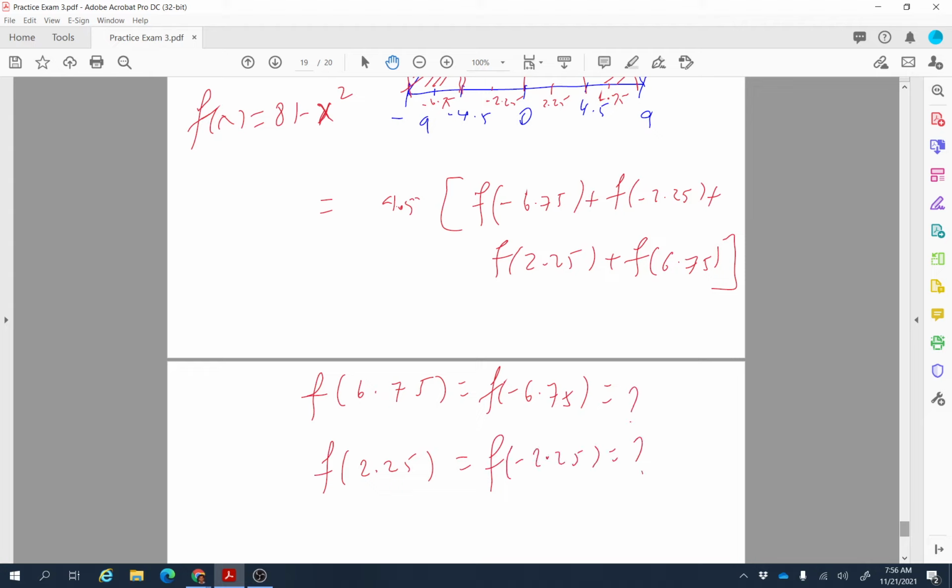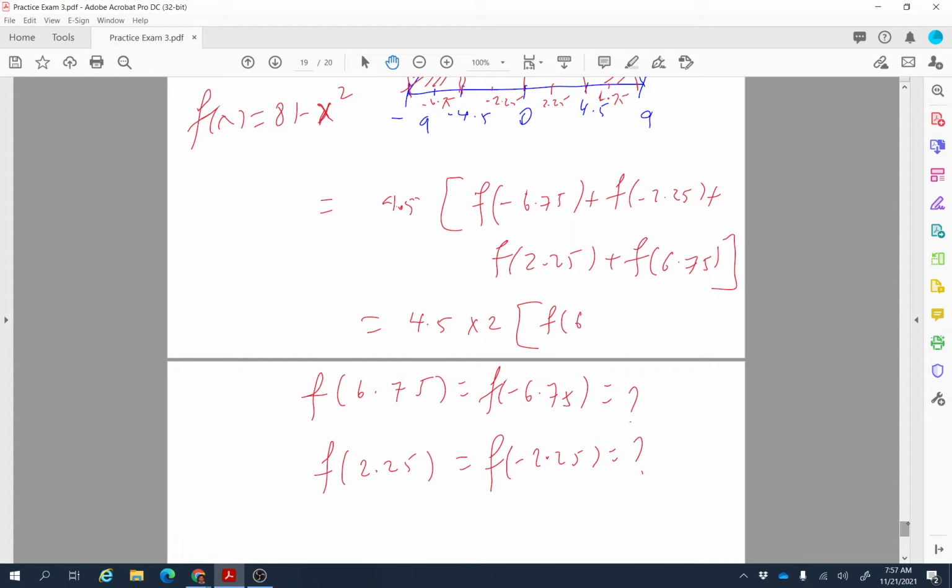So find that, put this value back here, and then do the calculation, and that will give you this. So this can be written as 4.5 times 2. I'm just saying 2 because this value and this value will be the same, so you can add them and make it 2.